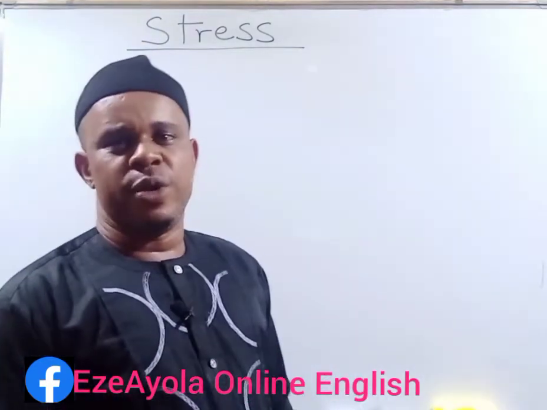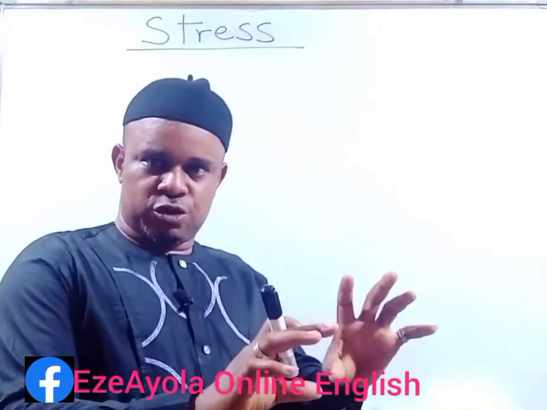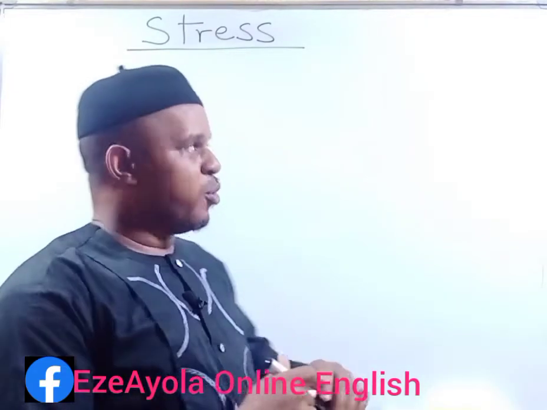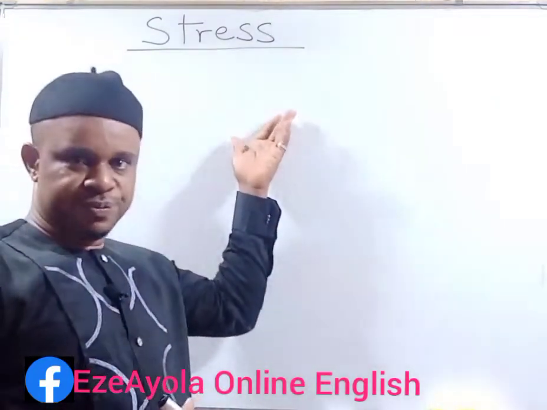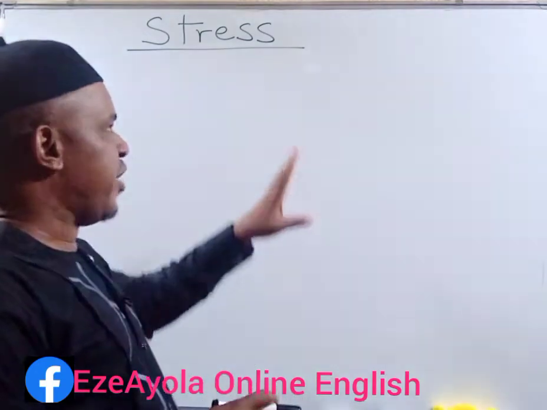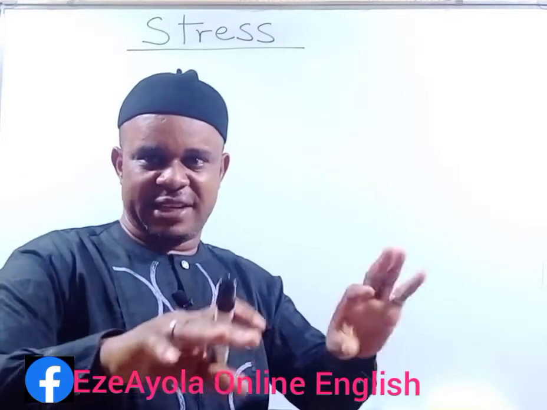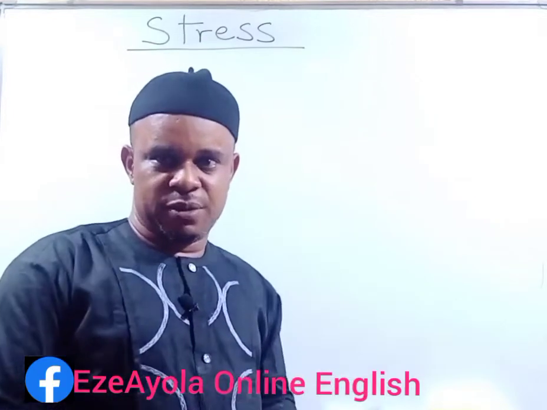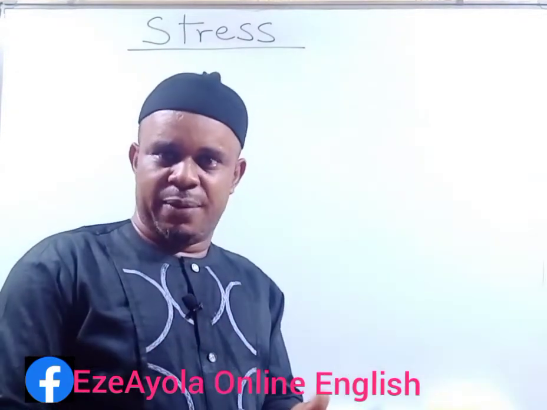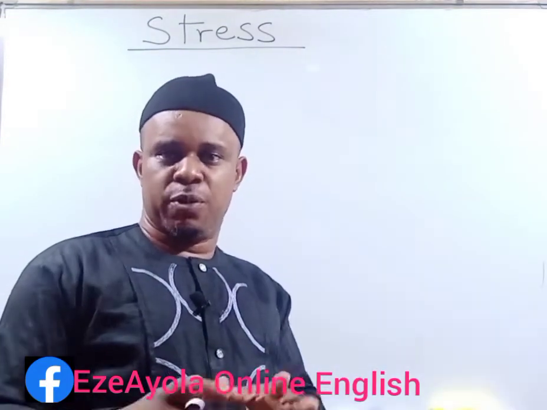All right, when we mention stress, we are talking about force. We are talking about energy. I've told you before now, in my previous topic where I talked about the syllables, that English words are divided into different syllables. Of course, when we talk about the syllables, we have the monosyllabic, we have the disyllabic or bisyllabic, we as well have the polysyllabic.